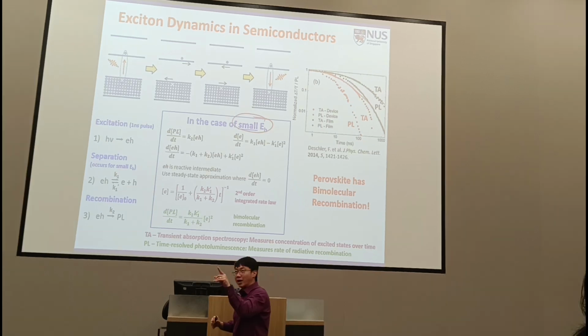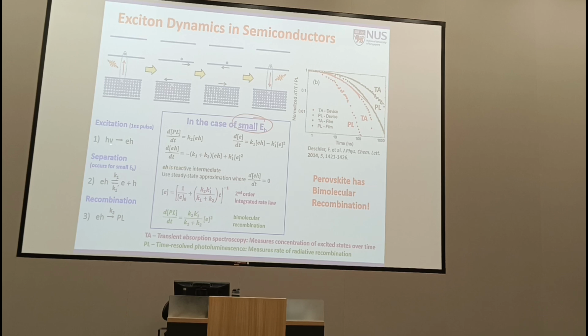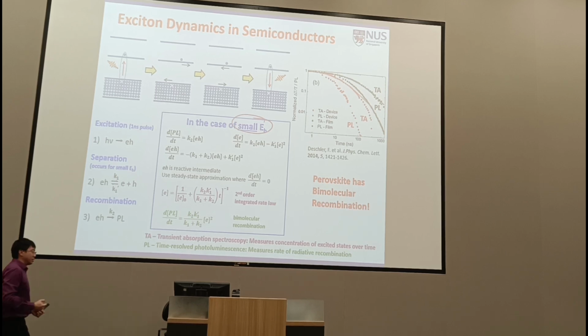So in the case of a low exciton binding energy, this chemical kinetic formula still applies. But in this case, I cannot cancel away the separation anymore, right? So all of them are now valid: the excitation, the separation, and then the recombination. Which means the analysis is now more difficult.